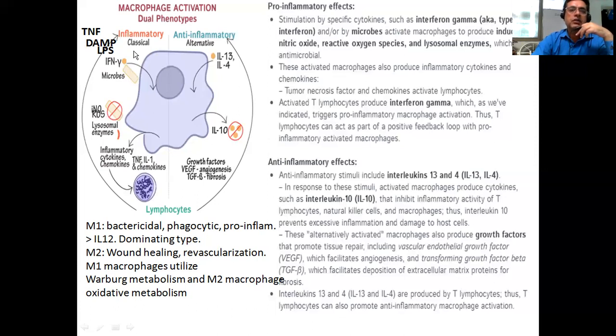The purpose of that response, the activation of different immune cells, is just to clear off that infection or the debris, or whatever pathology is happening there.